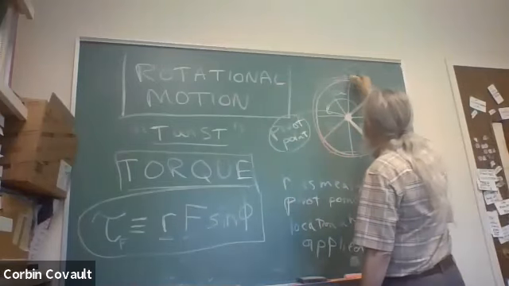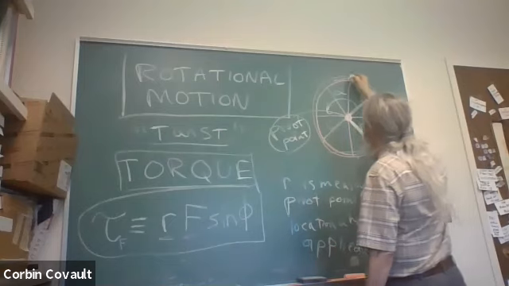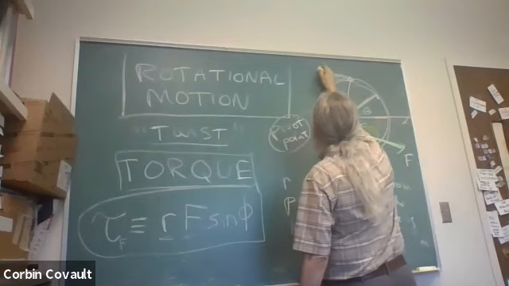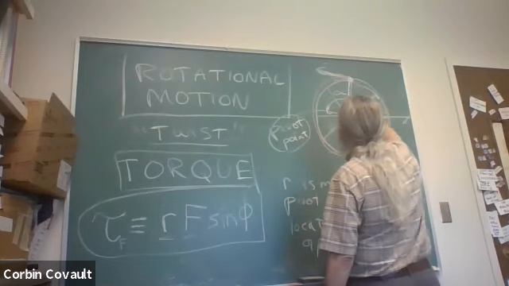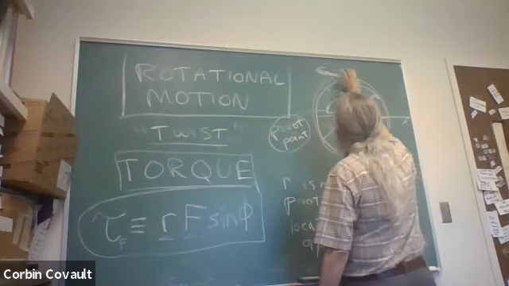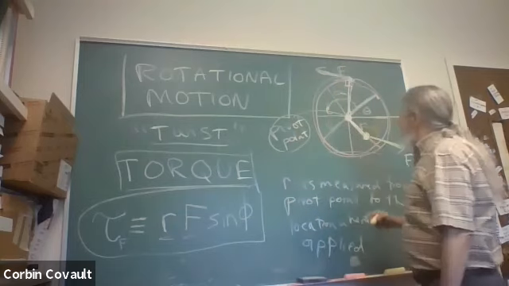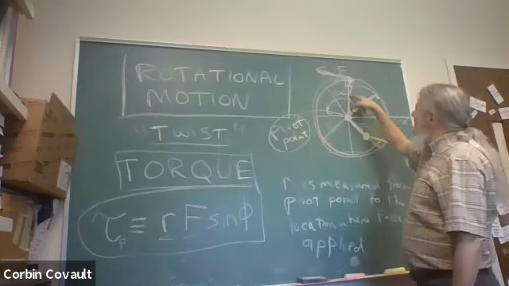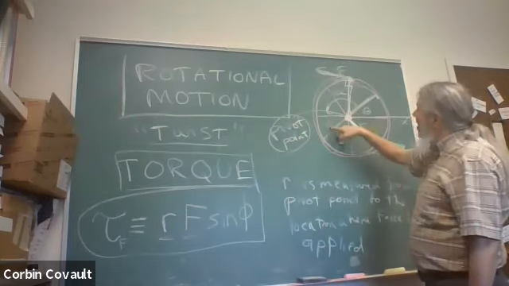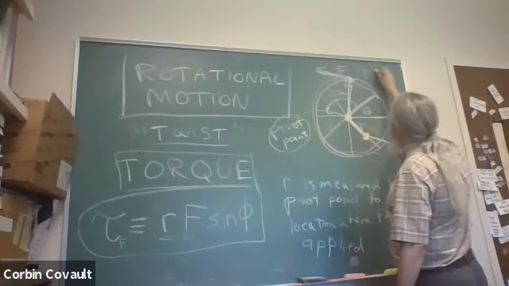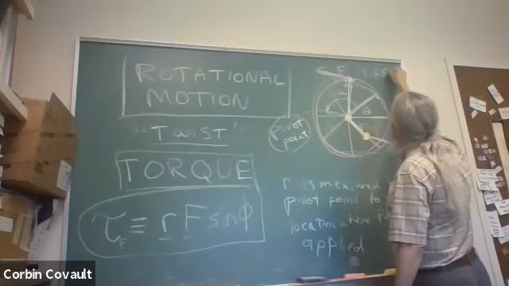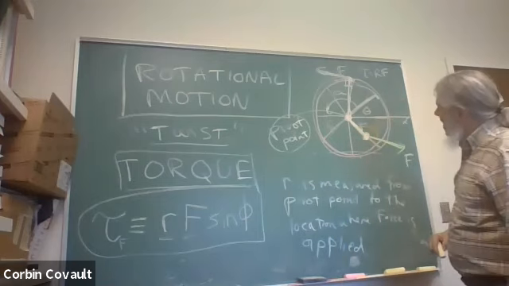Other times you just set up the situation and you can ask. So for example, if I apply a force at the outer edge of the wheel in this direction, and I set it up so that it's perpendicular, then that's the maximum torque. In that case, it's F times radius R times the sine of the angle phi, which is 1. So in this case, the torque is just equal to R times F, because I'm applying the maximum.